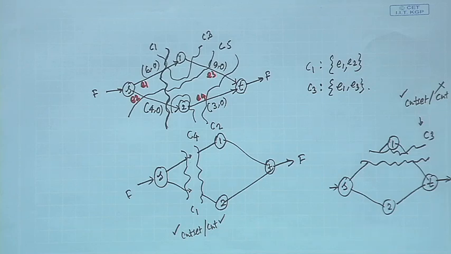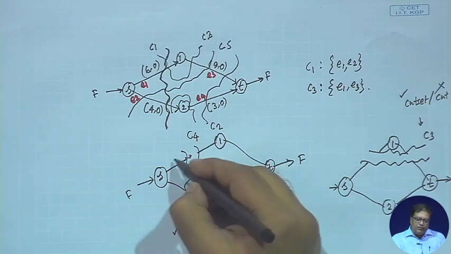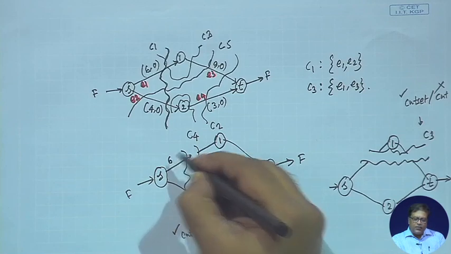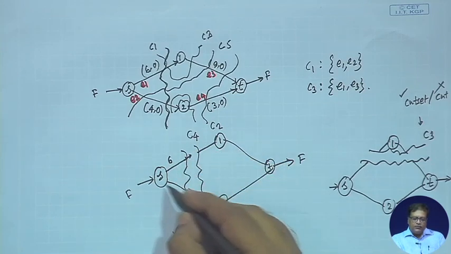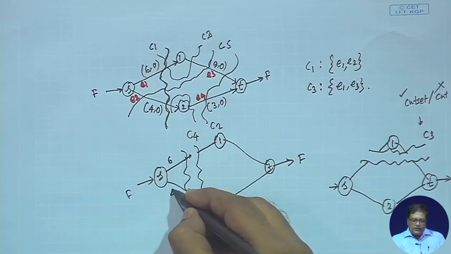The capacity of a cut is how much flow will go out of the cut if it actually operates. How much flow goes out? So, look at this example which we are talking about. In this example, what is the capacity here? The forward flow capacity is 6, and what is the forward flow capacity here? That is 4.